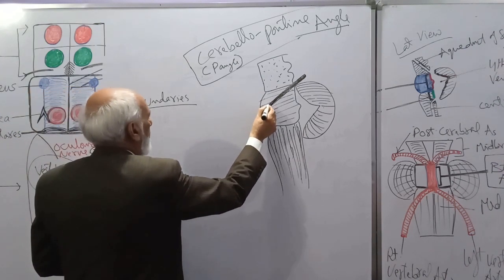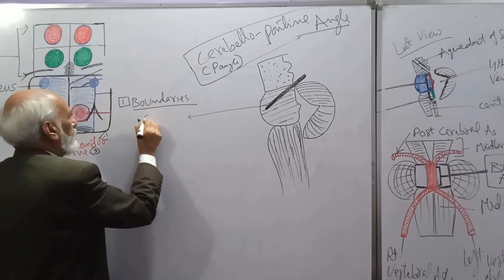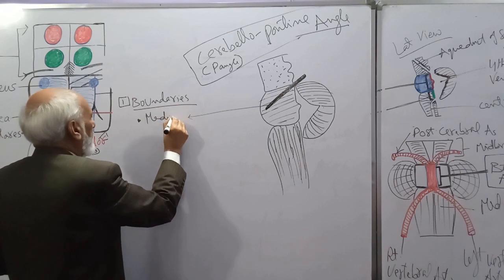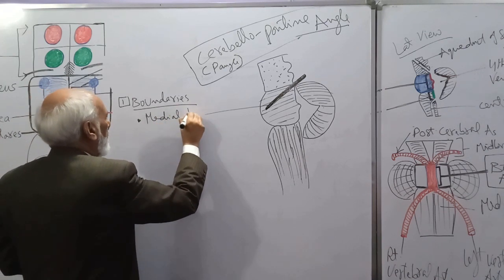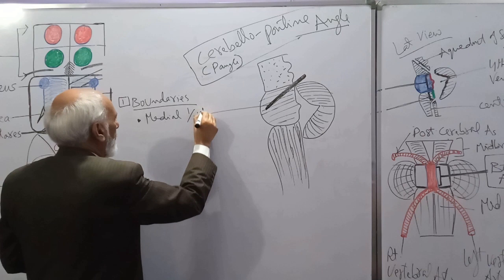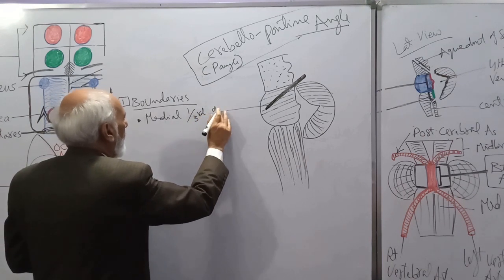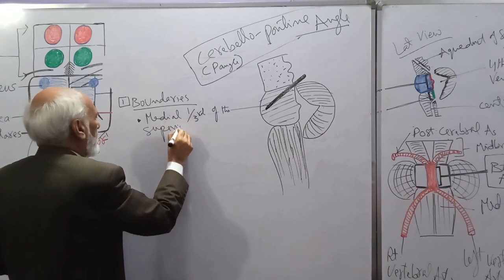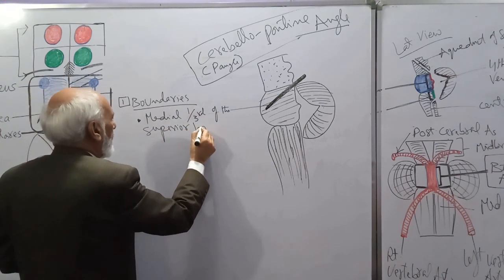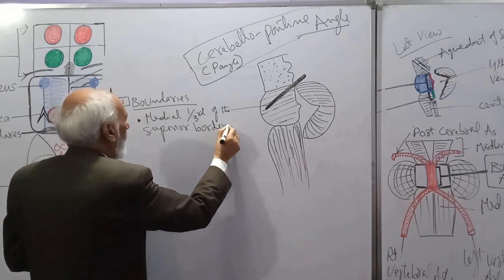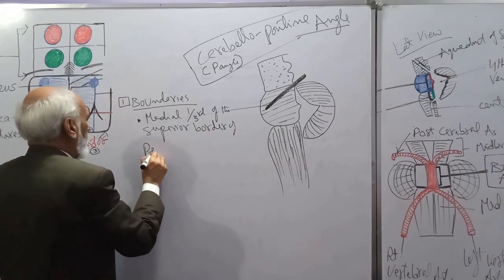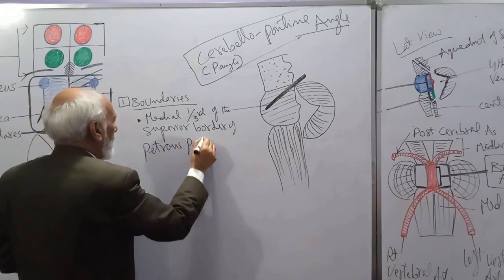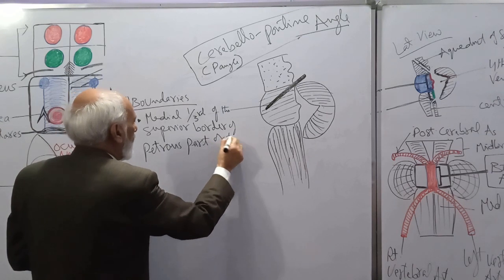So above, what is this? The medial third of the superior border of the petrous part of temporal bone.